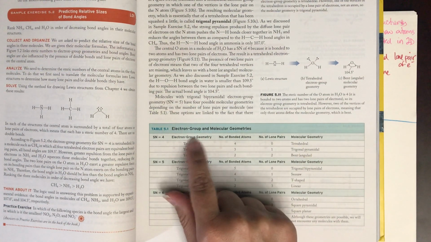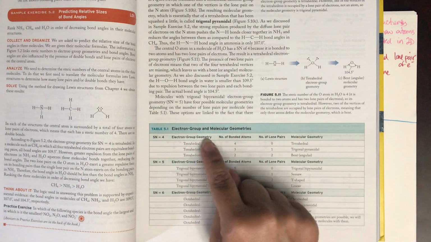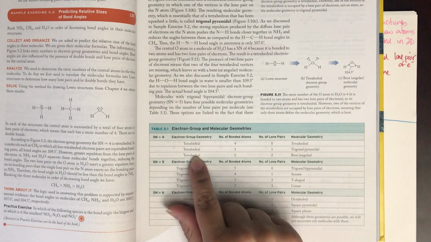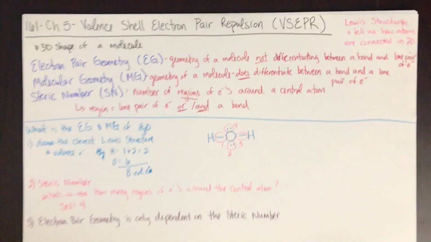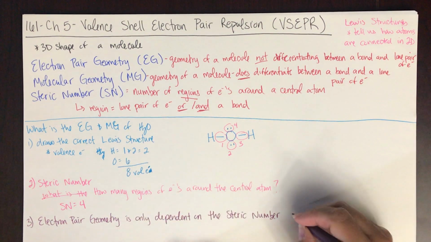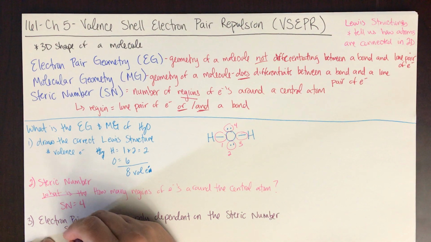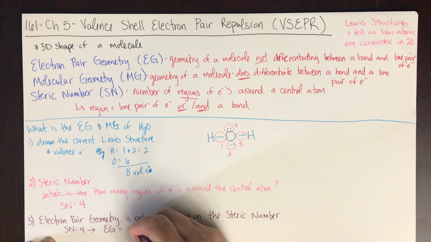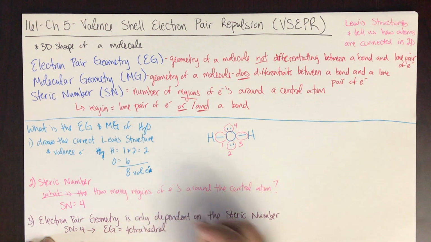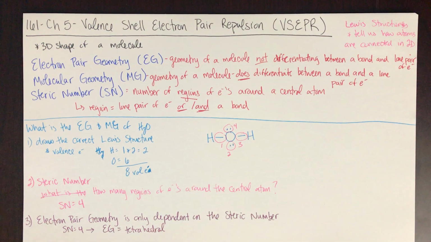Steric number of 4 means that the electron, they call it the electron group geometry, same thing as electron pair geometry. The electron pair geometry for something with a steric number of 4 is tetrahedral. So if steric number equals 4, then that means electron pair geometry is tetrahedral, because that's what it says in the chart. So you're responsible for knowing steric numbers 2, 3, and 4.